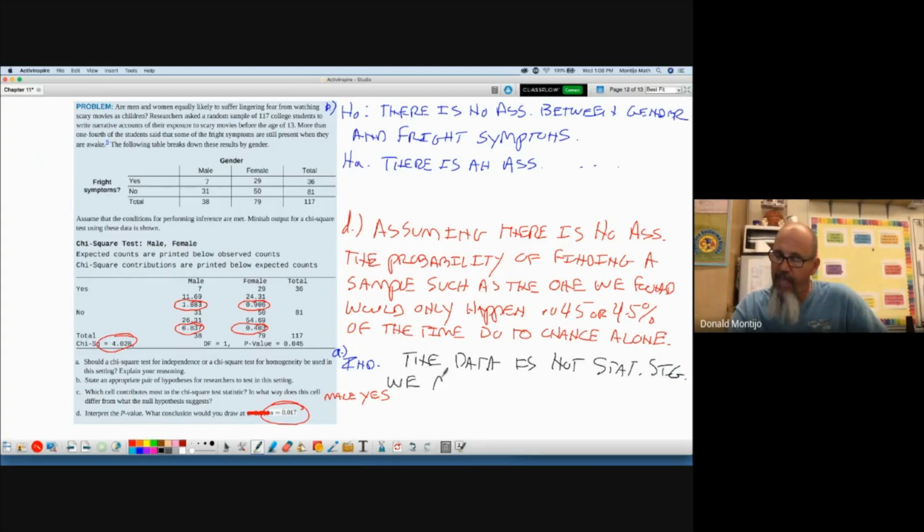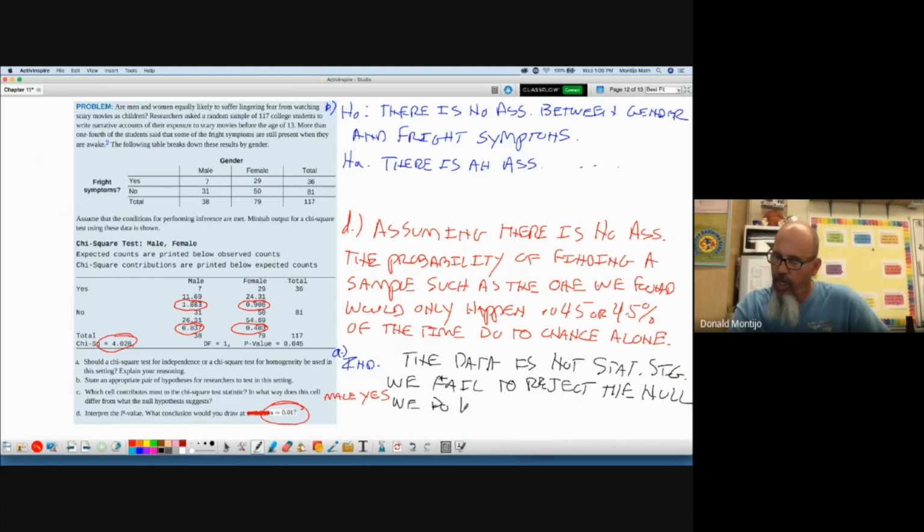We fail to reject the null. We do not have enough evidence to say that there's a difference in gender and fright symptoms. We do not have enough evidence to say there is an association.